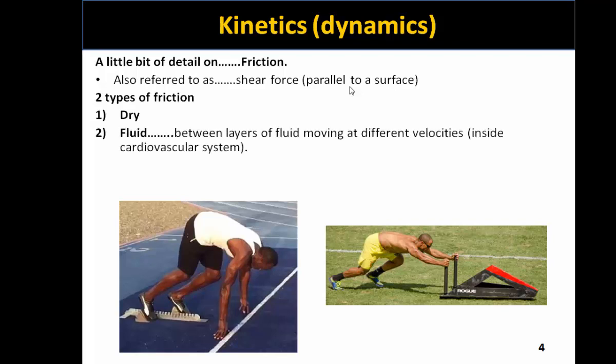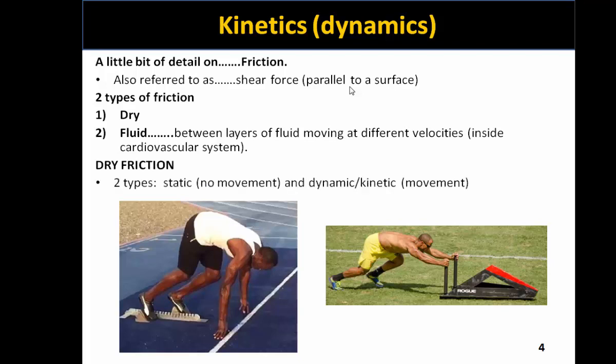is dry friction. It's important to note that there is a type of friction referred to as fluid friction, which occurs between layers of fluid that move at different velocities. This is typical inside the cardiovascular system, and is something that we'll address in a later module, specifically on tissue mechanics and a physiological process called mechanotransduction.